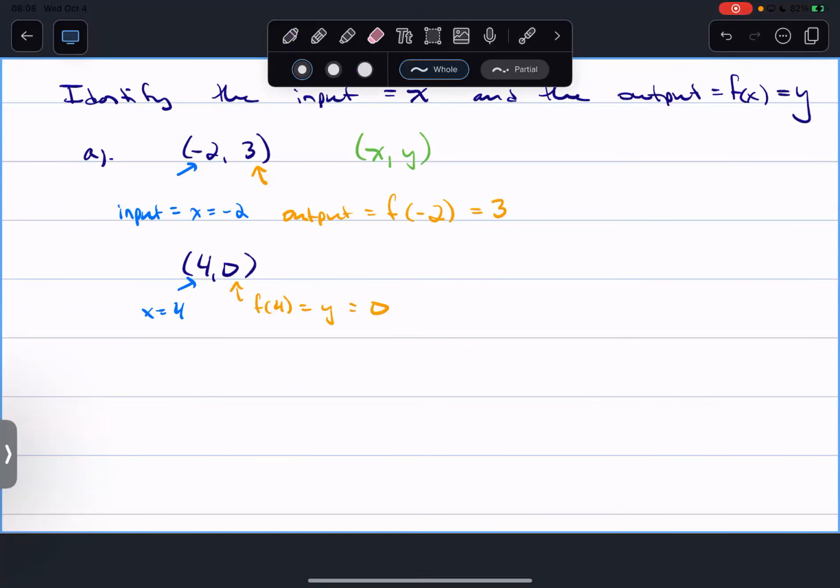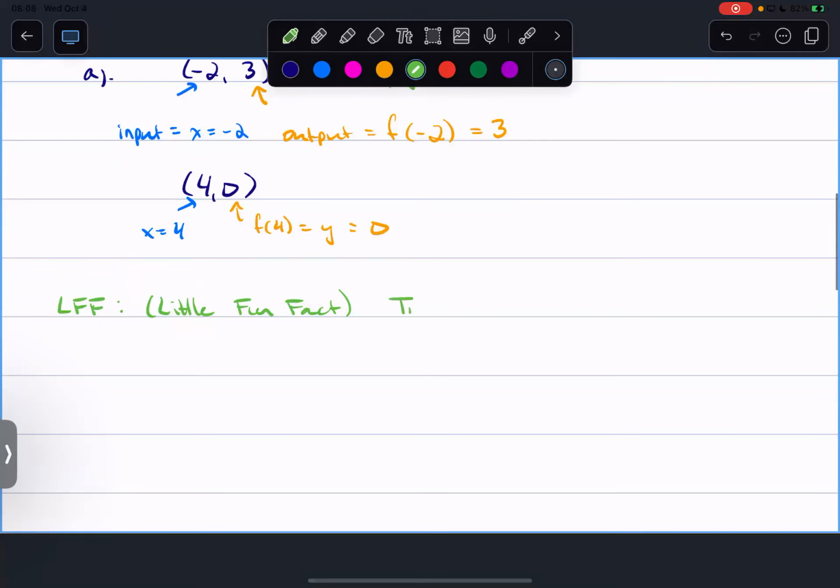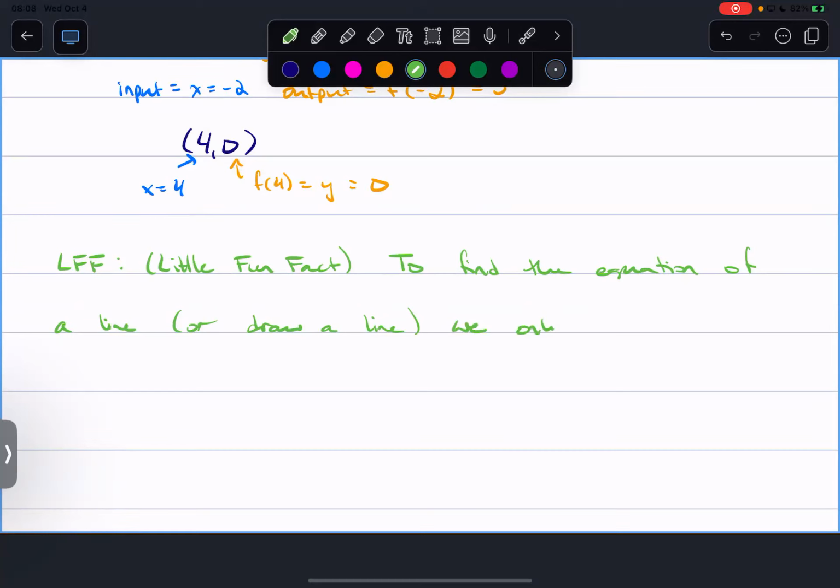Maybe I'll call this an LFF, a little fun fact. To find the equation of a line, or draw a line, which is basically the same thing, right? If you kind of think about it. We only need 2 points on the line.